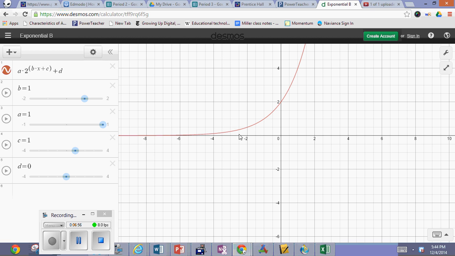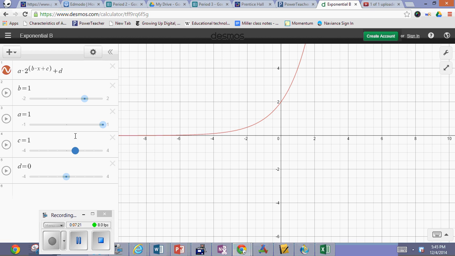And if I moved it back 1 unit, then it's going to catch the intercept at a higher value. And in fact, why is that 2? Because now the exponent is 2 to the x plus 1. So when x is 0, I've got 2 to the first, which is my intercept now, okay?